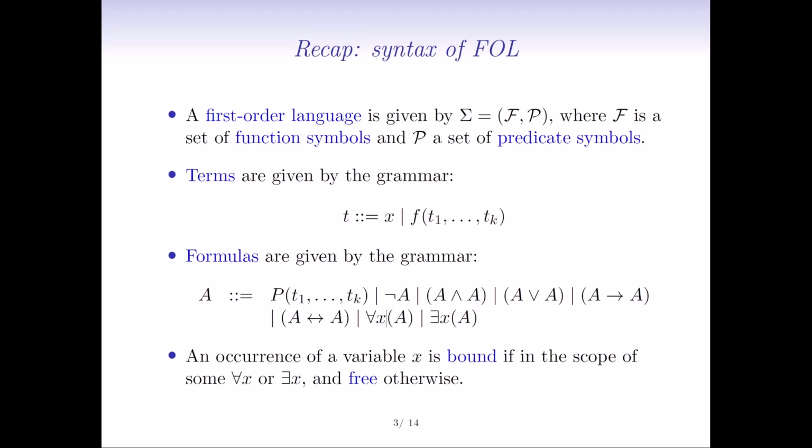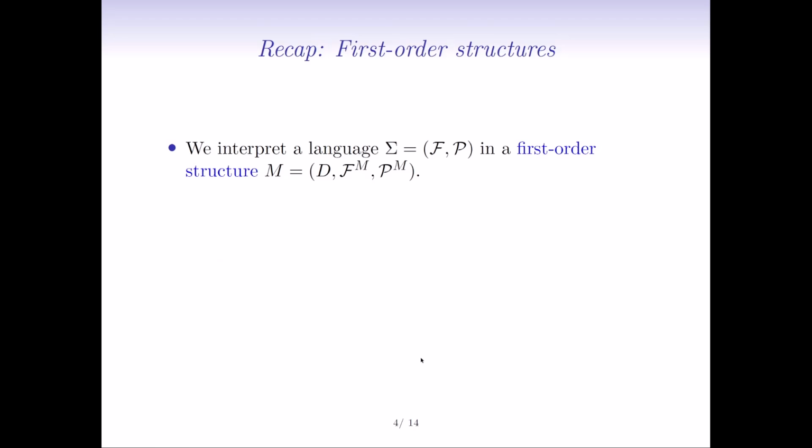And next on this slide, I'll just recap the idea of a first order structure which interprets a first order language. So given some first order language sigma, which is functions F and predicates P, a first order structure for that language is one of these, M, which consists of D, which is a domain or universe in which we interpret everything, F^M, which is the collection of interpretations of the function symbols, and P^M, which is the collection of interpretations of the predicate symbols.